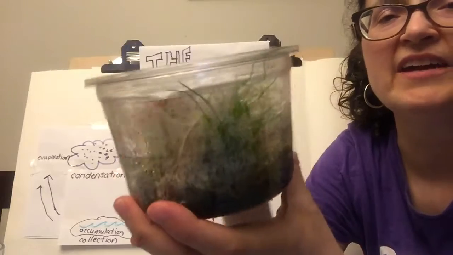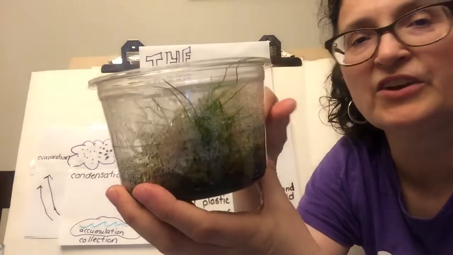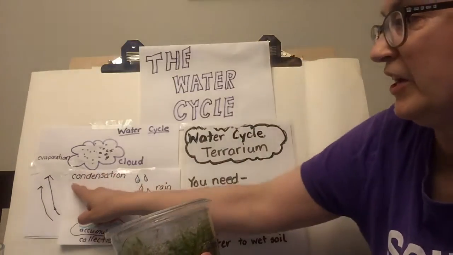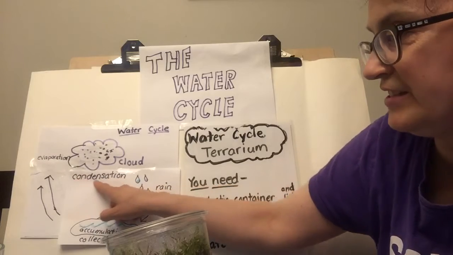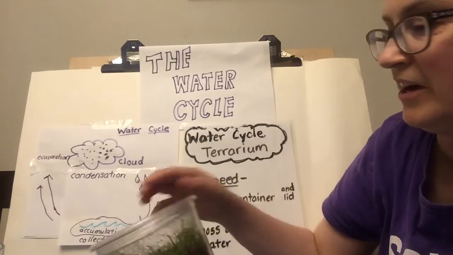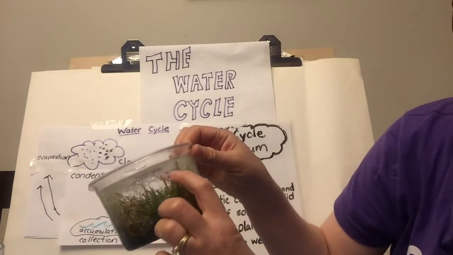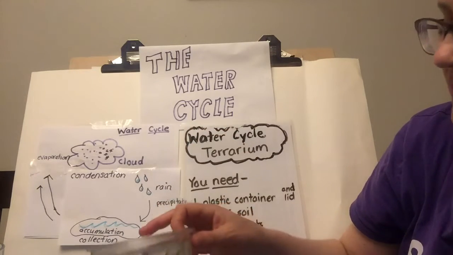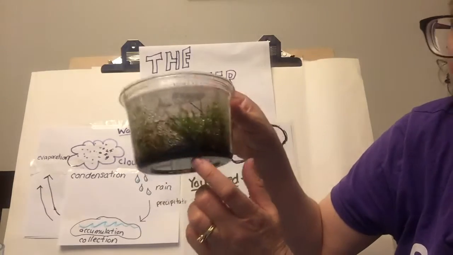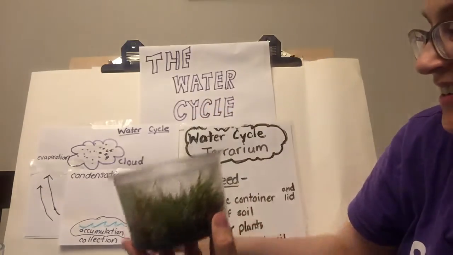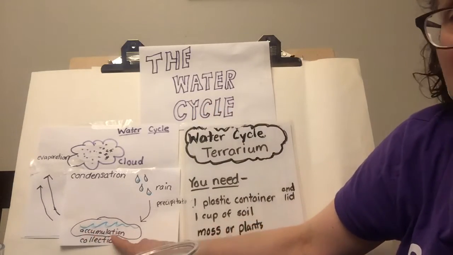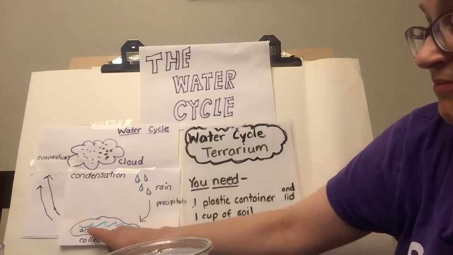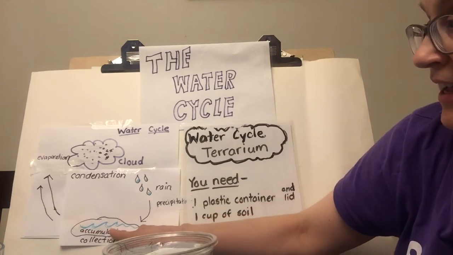So, inside of here, the same things are happening. We've got condensation. Along the sides there, you can see it looks like it's raining. Precipitation. In the bottom of the container, it's wet. We've got our accumulation, our little puddles.